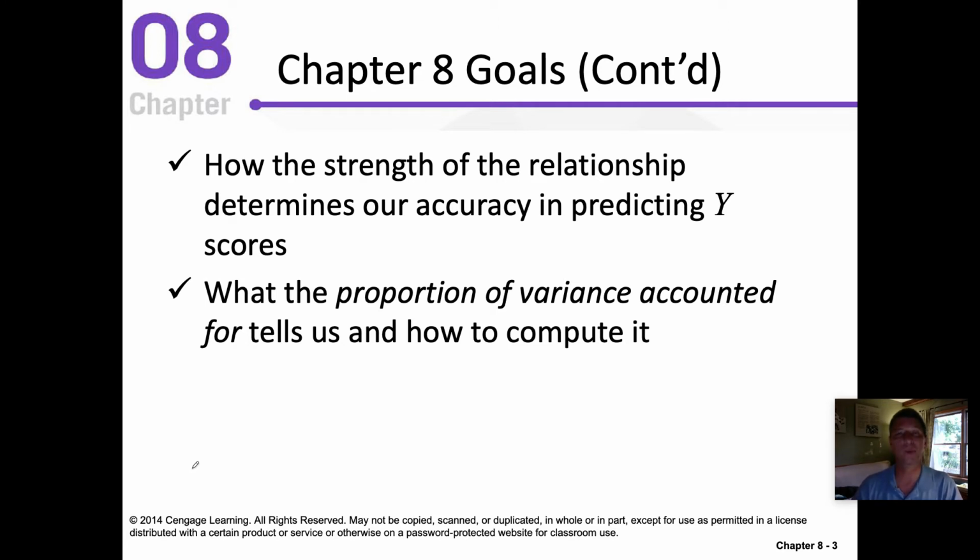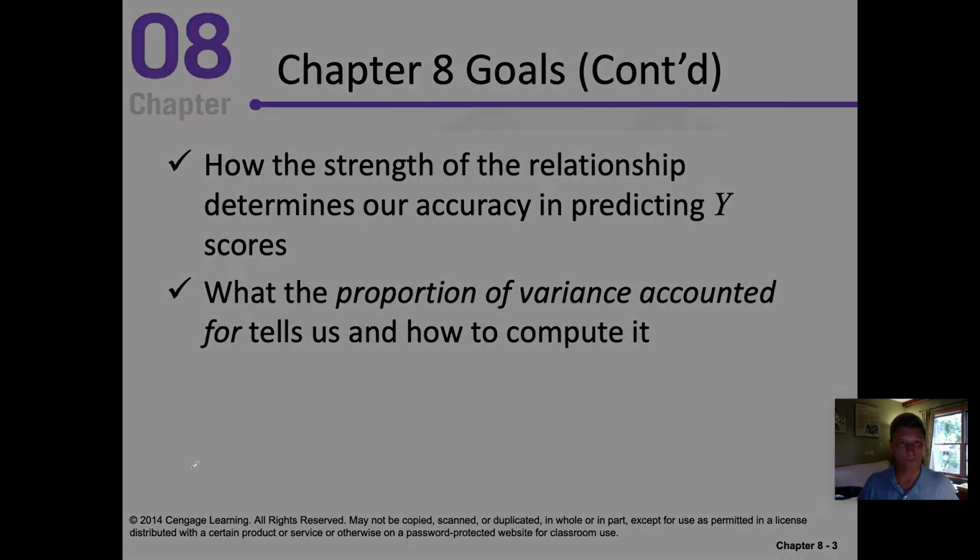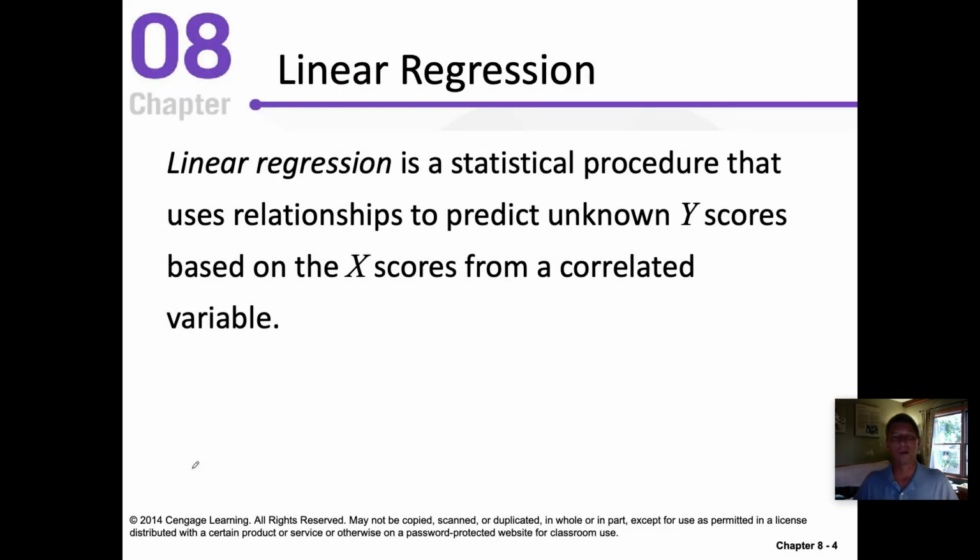In other words, how spread out are the y values for each value of x, because that will help to determine our accuracy in predicting the y scores. And finally, we'll talk about what the proportion of variance accounted for is, what it tells us, and finally, how to compute it. All right. So those are the things that we're going to be talking about here in Chapter 8, just as a brief little summary for you.